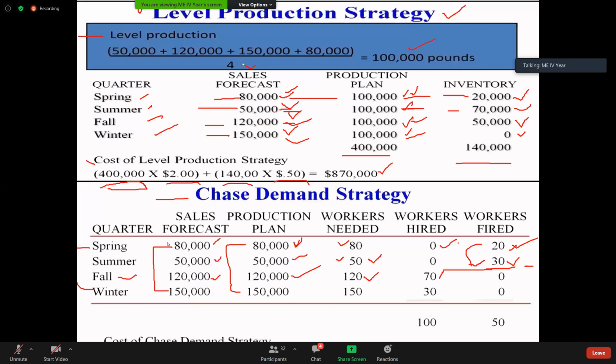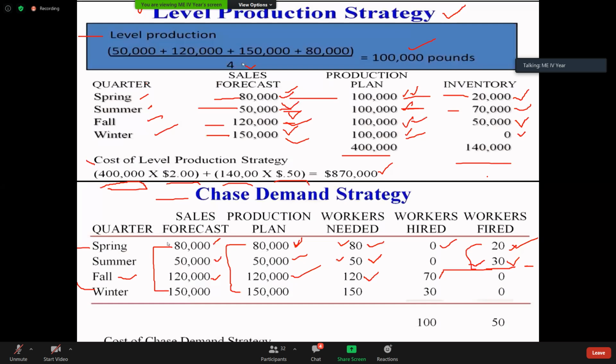Okay, so next month you need only 50. So now you have in hand only 80. You need here 50. So based upon the demand, you fire one more 30.